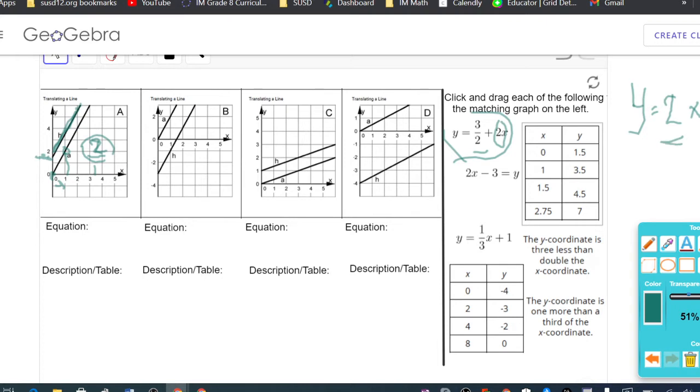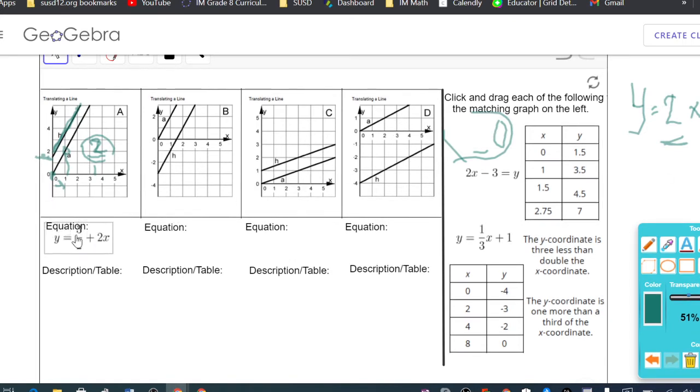So you know the slope is whatever is times x, and the number that is added or subtracted, that's the y-intercept. Okay, let's go ahead and put that equation where it belongs. So match this equation here under this graph.